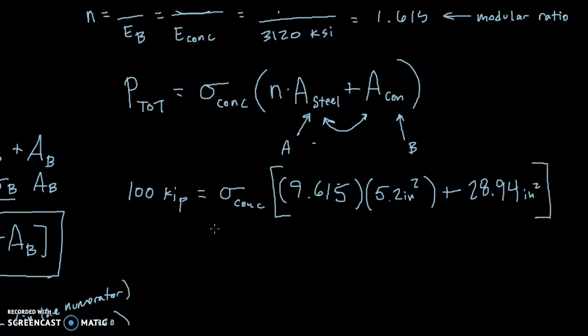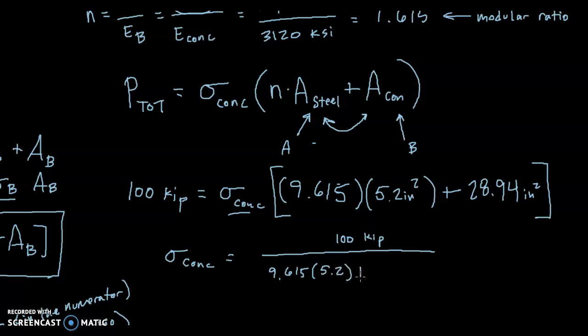So I can now solve this formula for the stress in the concrete. The stress in the concrete is going to equal 100 kips divided by 9.615 times 5.2 plus 28.94.